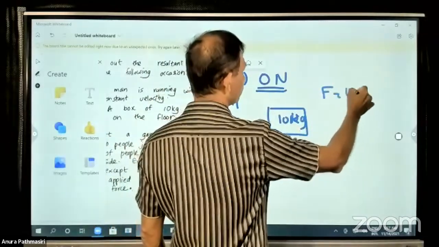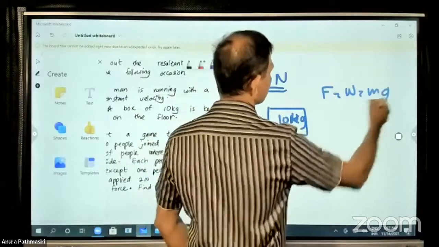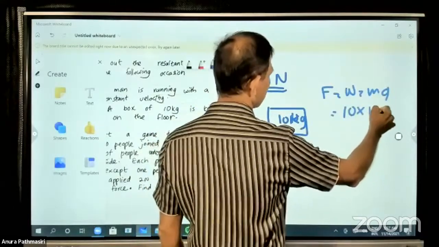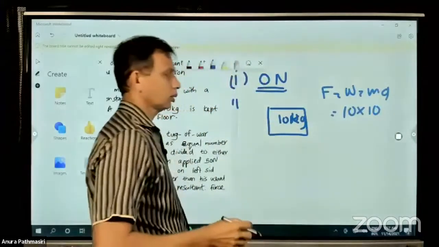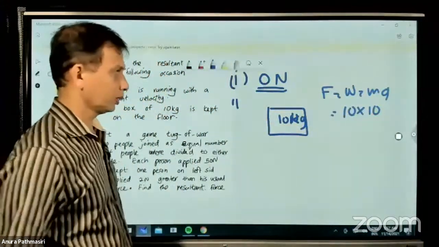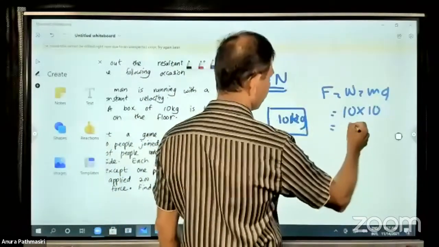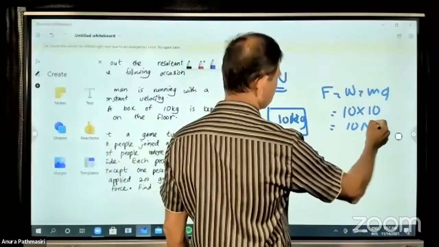F equal W equal mg. M කියන්නේ 10යි, g කියන්නේ 10 meters per square second, gravitational acceleration. එහෙනම් මෙතන 100 Newton.